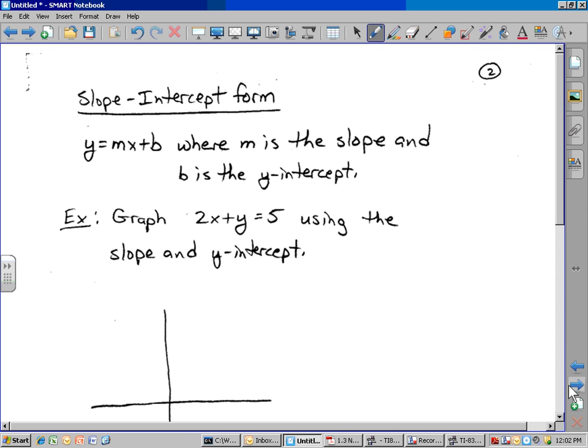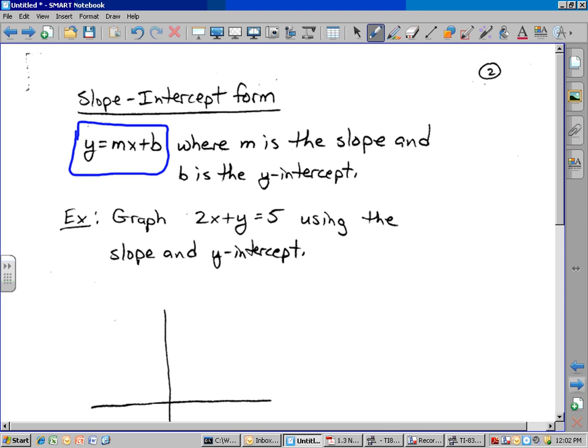Well, then let's talk about slope-intercept form. Again, should be review. You should have seen this formula before. Y equals mx plus b. M is the slope, and b is the y-intercept. Probably the easiest way to graph a line.